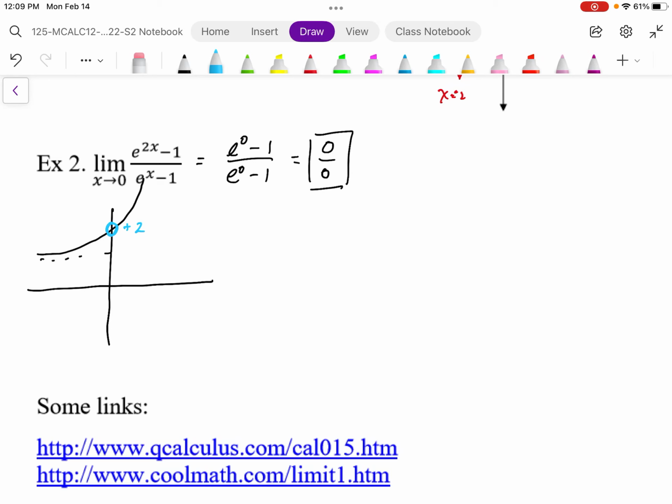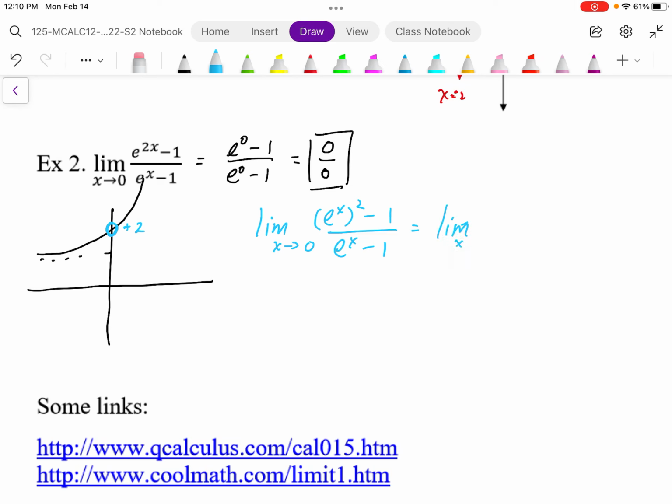Well, to do that, we want to get rid of the divide by 0 in the expression. If I take a look at this expression, really this is e to the x squared minus 1 over e to the x minus 1. Well, the numerator is a difference of squares, so I can rewrite this.